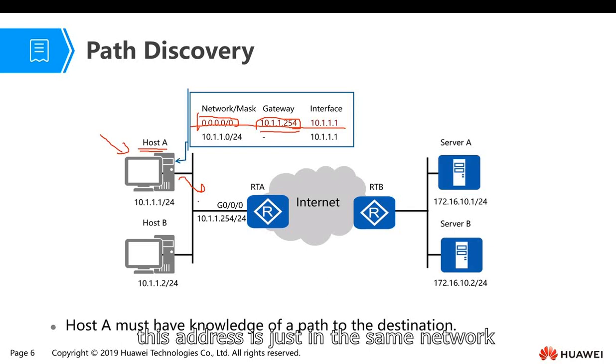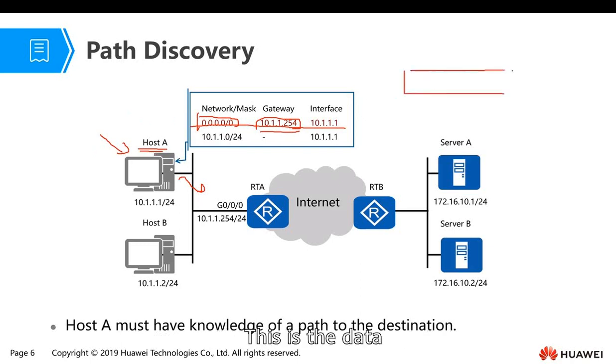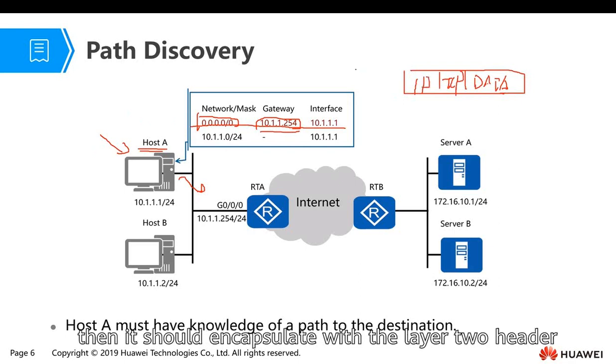After the packet is encapsulated with the layer 3 header, it should be encapsulated with the layer 2 header. This is the data, this is the layer 4 header, this is the layer 3 header, and then the layer 2 header.